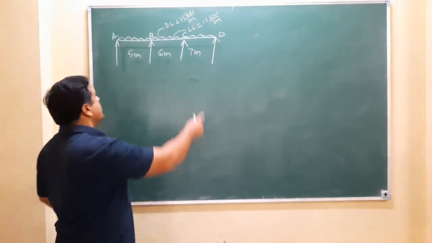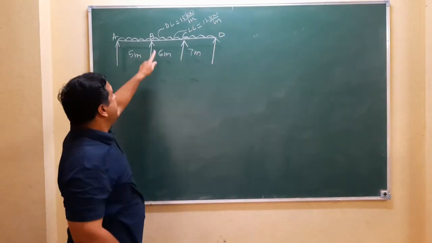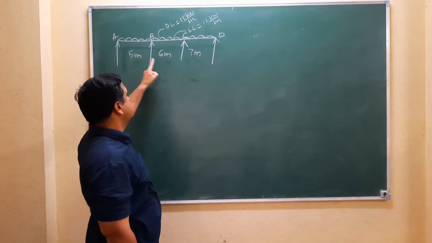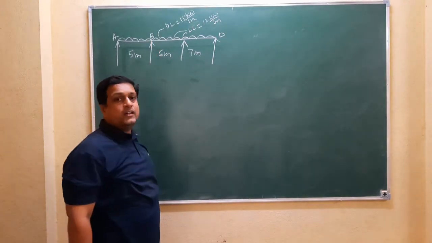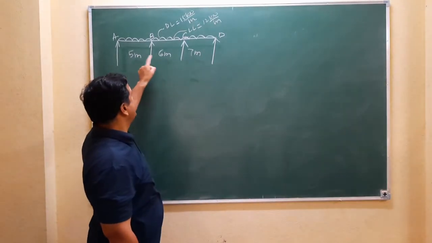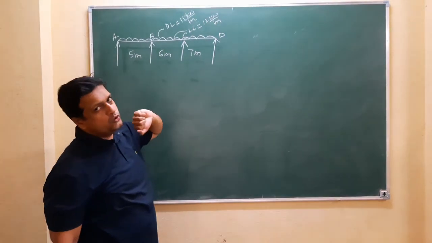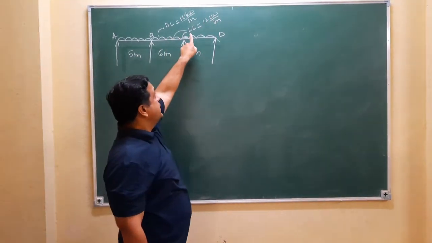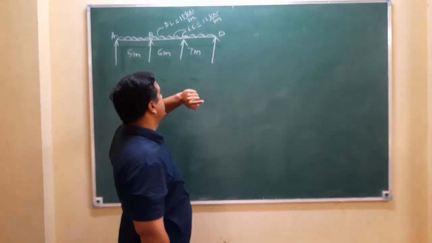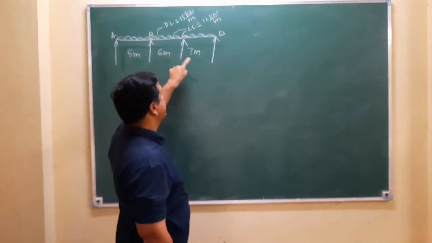Now next to end support B is related to these two spans. So while calculating the support moment at B, you have to consider the average of these two spans. And you have to find out the support moment at C, because these two spans are different.